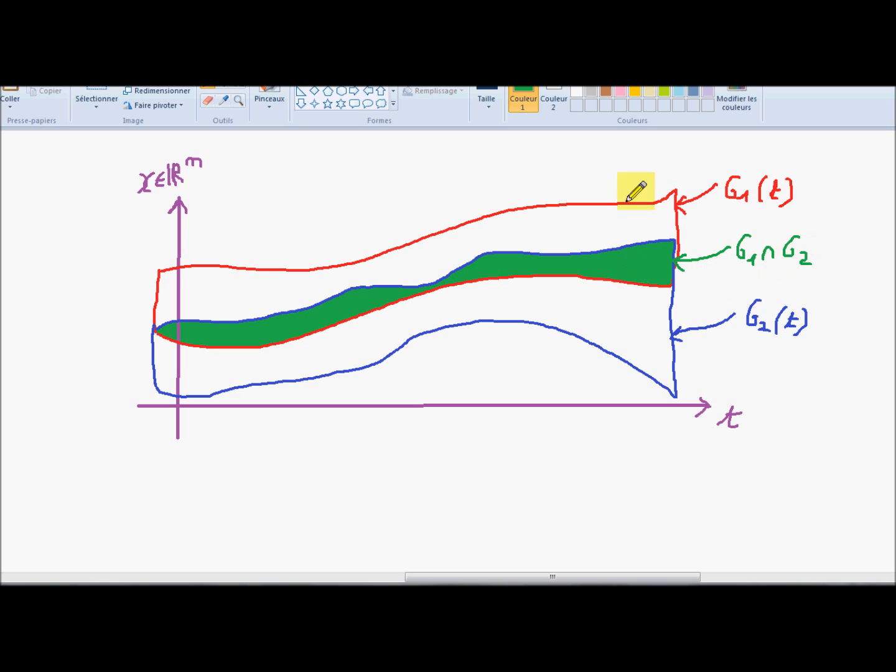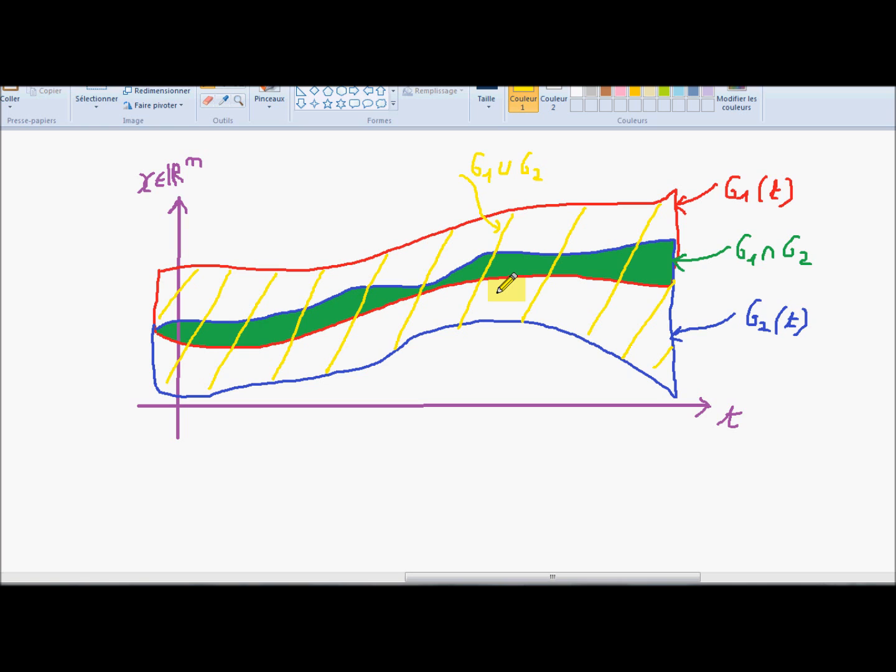Now, if I take this tube here, it will correspond in yellow to the union of the two tubes J1 and J2. Okay, so here it will correspond to J1 union J2. So the set of tubes is a lattice because the intersection of two tubes is a tube and the union of two tubes is a tube.